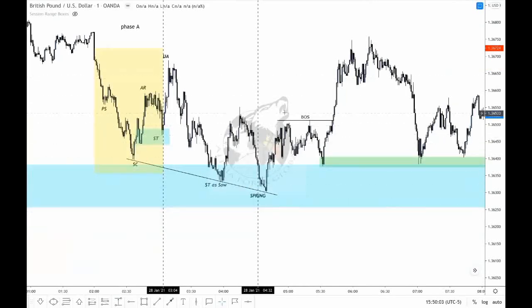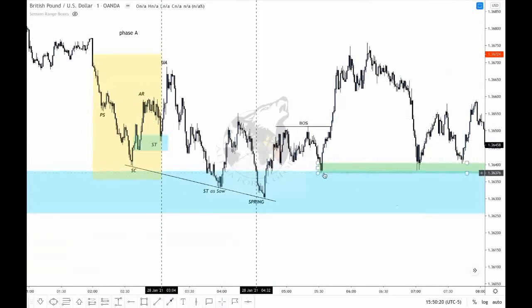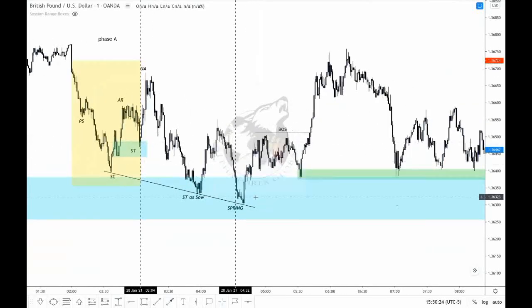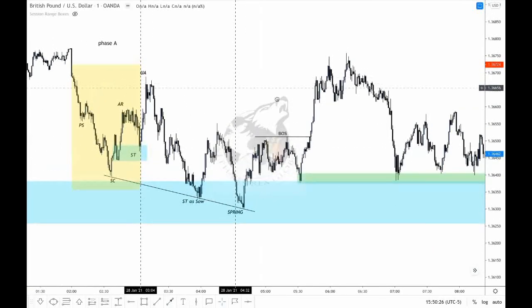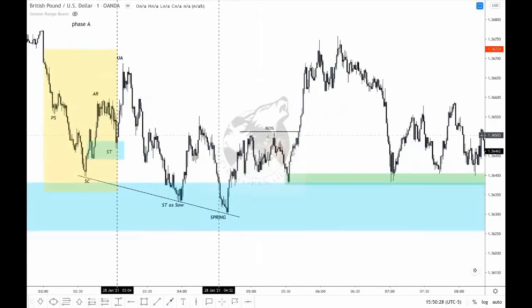So normally when the market breaks out of the spring, I like to see the spring break structure, something like this, and then come back to retest and then push up. But in this case, we noticed the spring right here did not break structure immediately. So the spring broke structure here. So it's basically the test that broke structure, if you want to call it that.